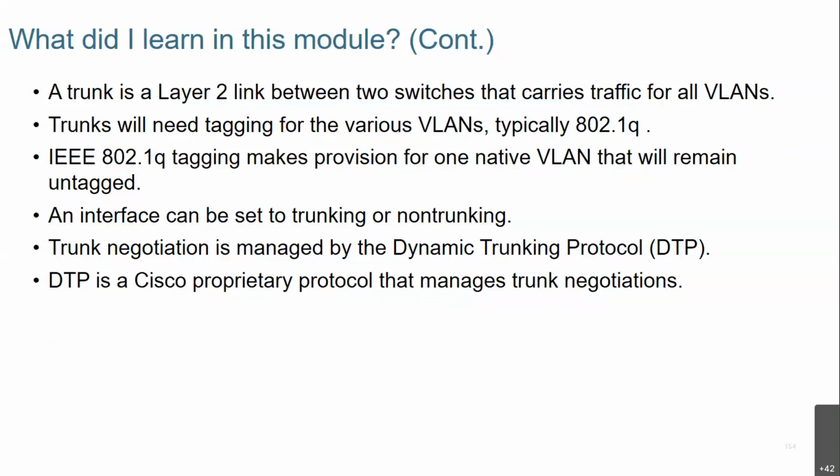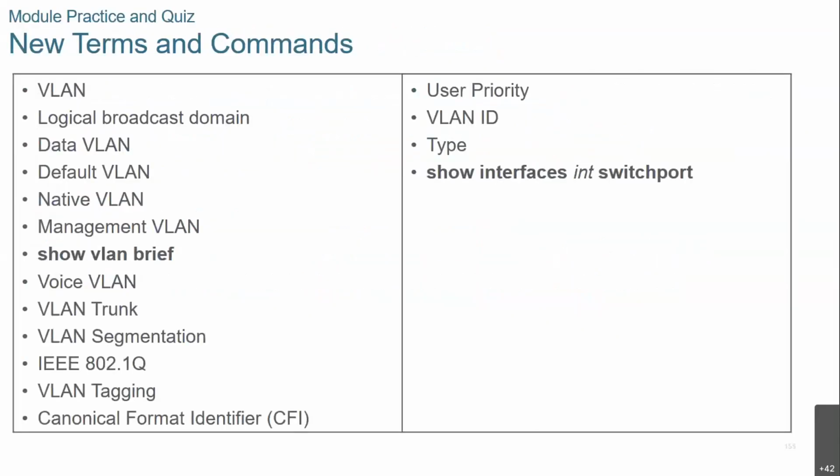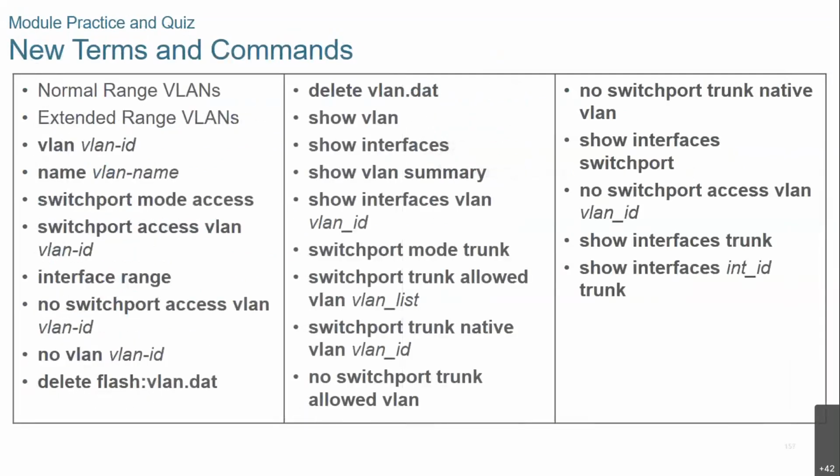It is good for us to set whether it is trunk or access. DTP is used only on Cisco devices for managing trunk negotiations. And these are some of the terms we saw today. That is the end of the chapter.